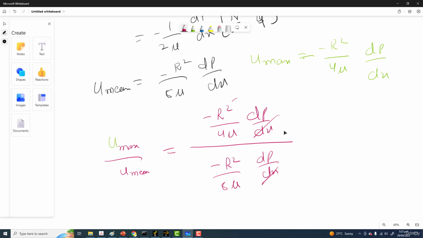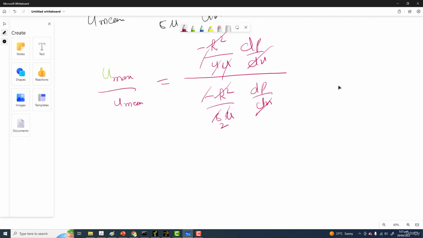The dp by dx is cancelled, R square cancelled, minus sign cancelled, mu cancelled. So this 2 will be now in the numerator. So u maximum upon u mean is equal to 2. So u maximum for laminar flow in a pipe is equal to 2 times u mean.